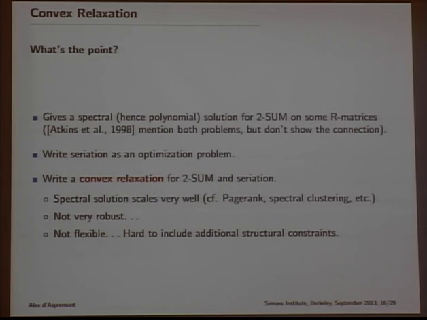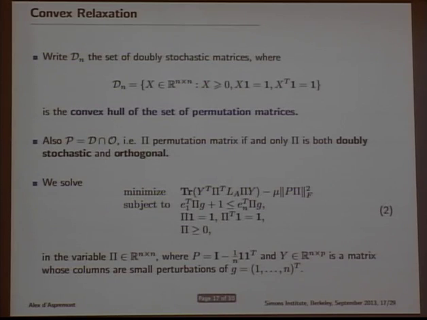It starts to fail outside of the spectral perturbative regime where the noise is smaller than the spectral gap. And it's not flexible. So the idea here is that we have additional structural information about the solution. We want to include this information in the optimization problem we're solving, and then hopefully relax that problem, solve it, and get a solution that is more robust. Okay? And that's very easy to do.